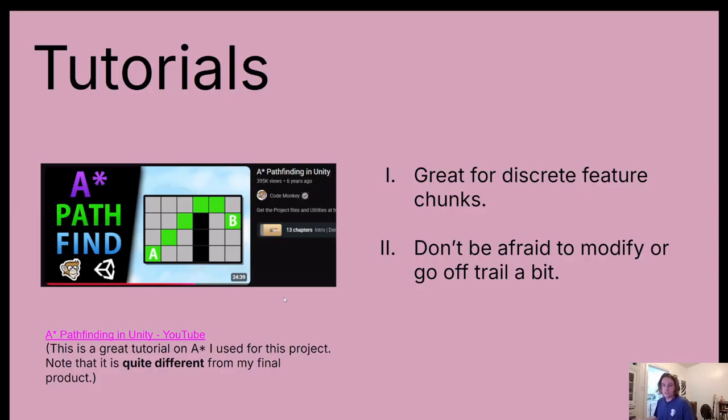However, if you did watch this and then looked at my code, you would see that they're quite different. And that goes into the second point, which is not to be afraid to modify or go off the trail of a tutorial, because sometimes there's a better way to do it, but the tutorial will get your foot in the door and help you with that.